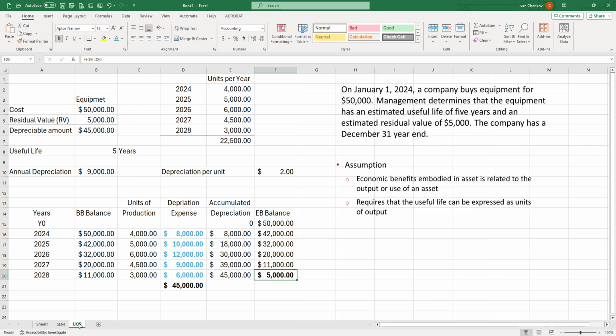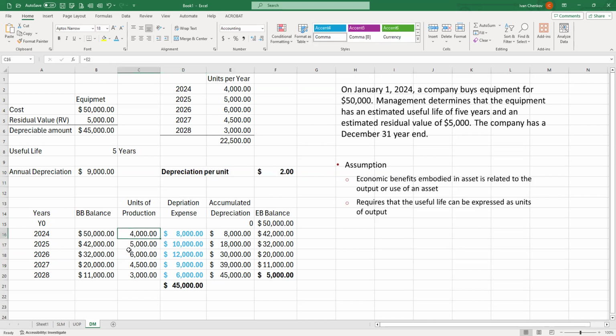Now, the last method that is left is the declining method. Sir, how did you get the depreciation expense? Depreciation expense again is equal to the units of production times depreciation per unit that we calculated right here.